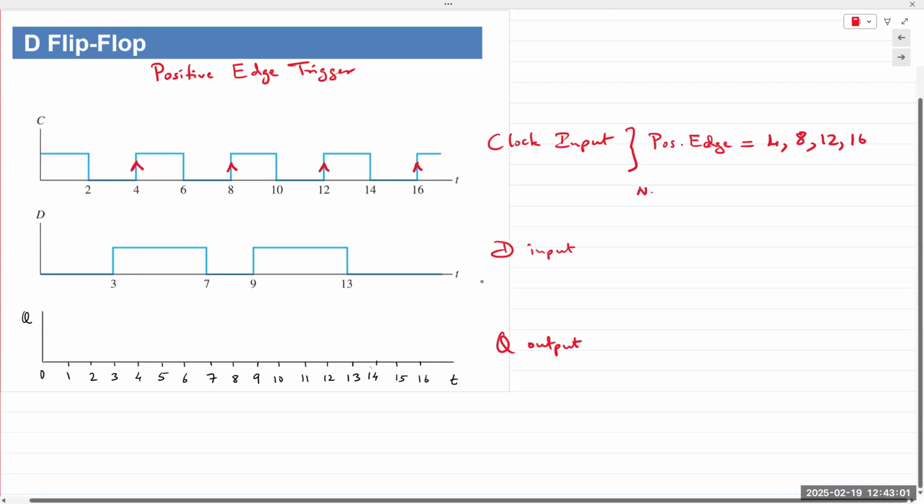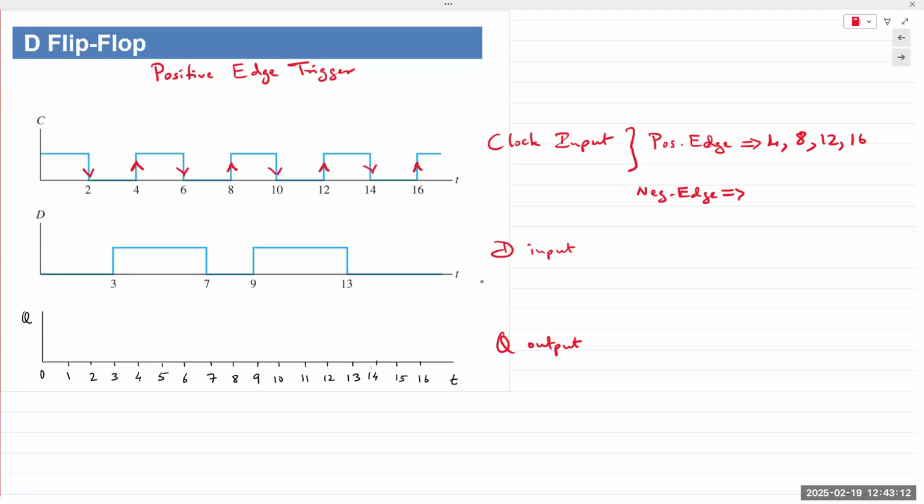Negative edges occur at 2, 6, 10, and 14.